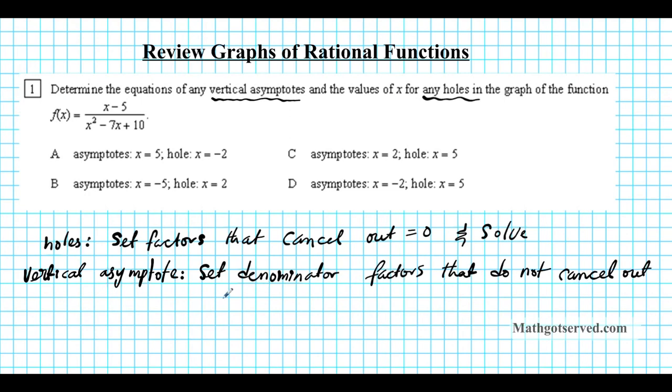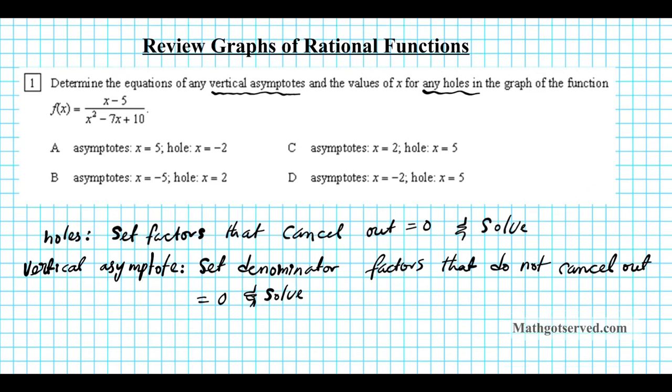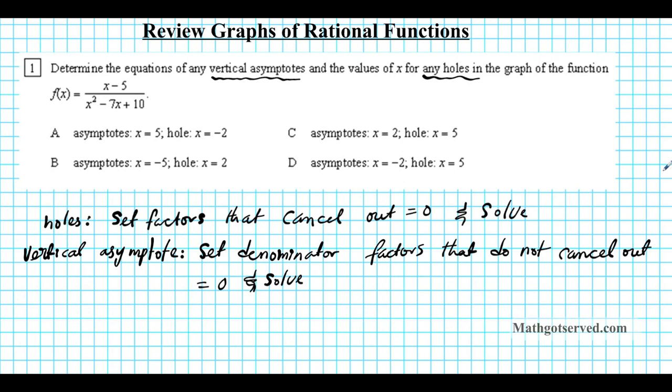Set those ones equal to 0 and solve. Okay? So the ones that cancel out tell you your holes, and the ones that do not cancel out tell you your vertical asymptotes. Just for your information, holes are also known as your removable discontinuities. All right? And vertical asymptotes are also known as your poles or infinite discontinuities. All right? So let's go ahead and find the holes first.